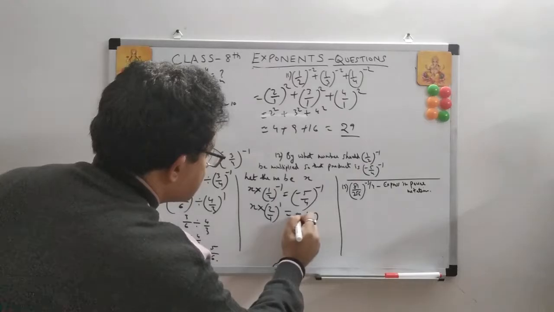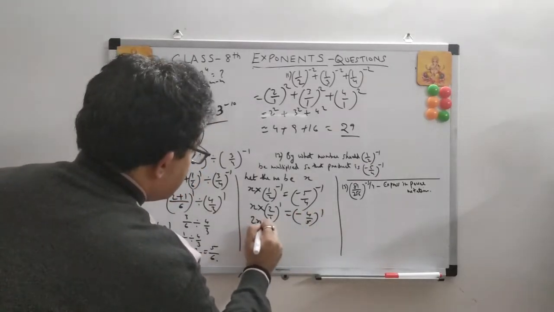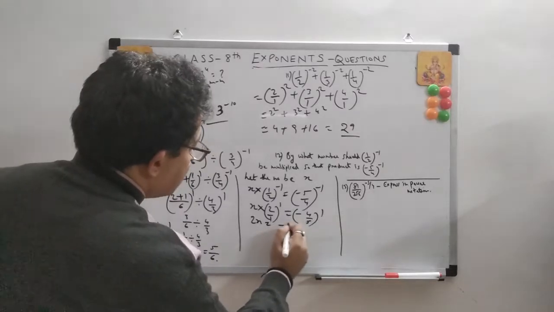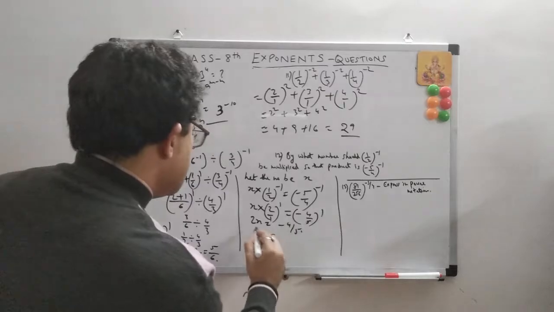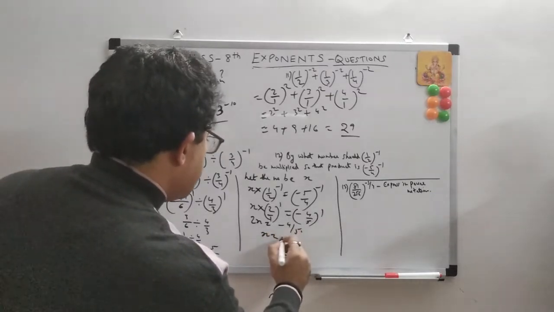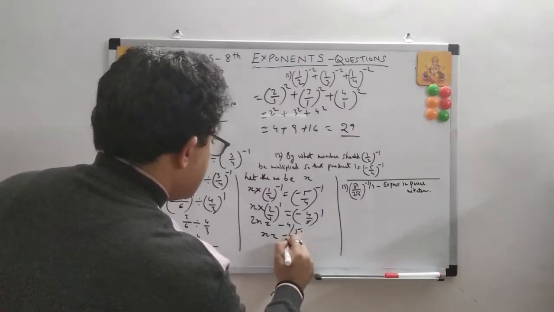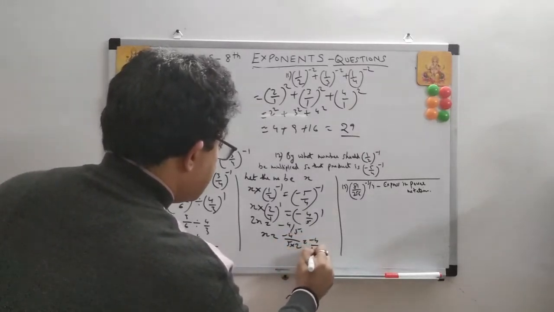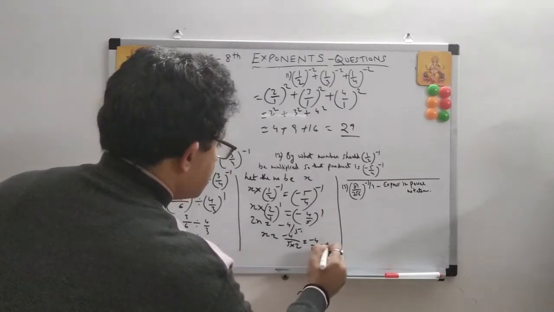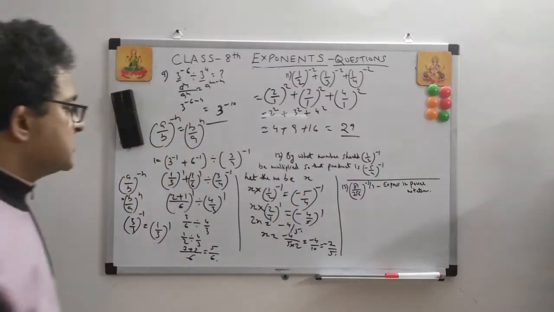I hope you can understand this. So this becomes 2x is equal to minus 4 by 5, x is equal to minus 4 by 5 upon 2, which is 5 into 2, is equal to minus 4 by 10 is equal to minus 2 by 5. This is the answer.